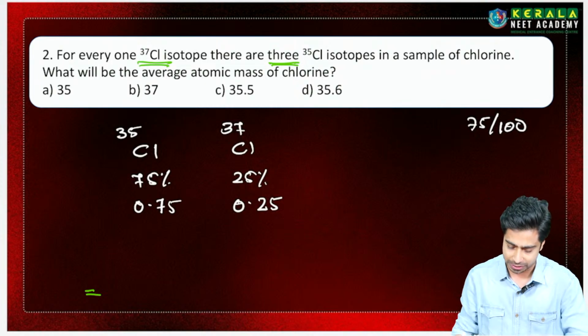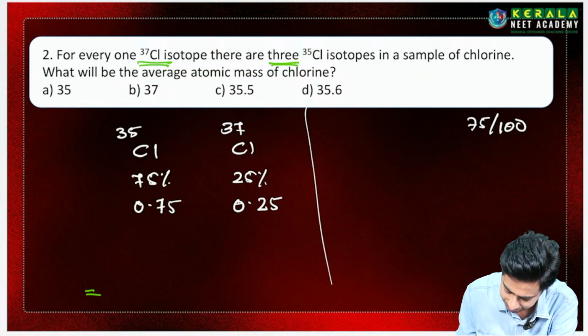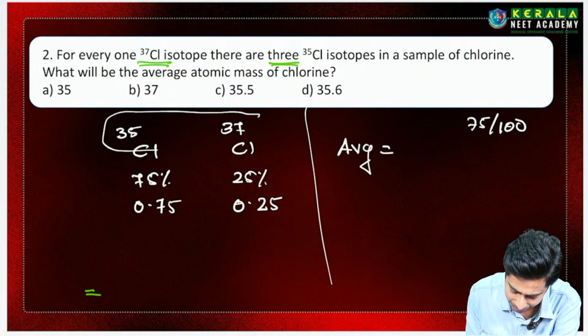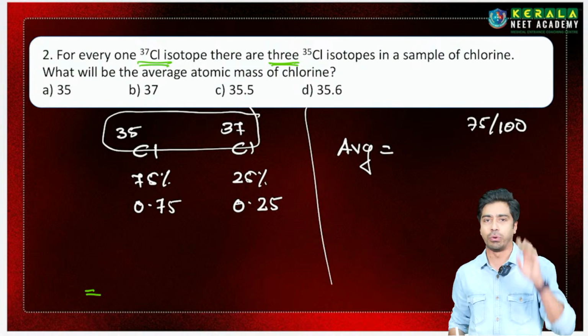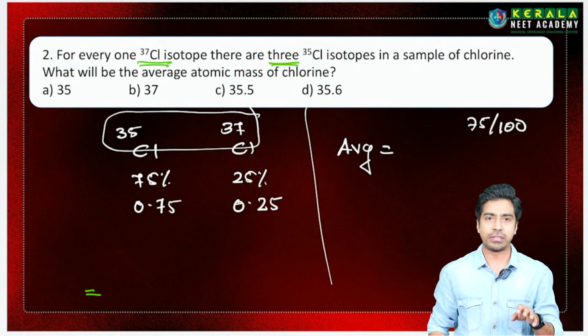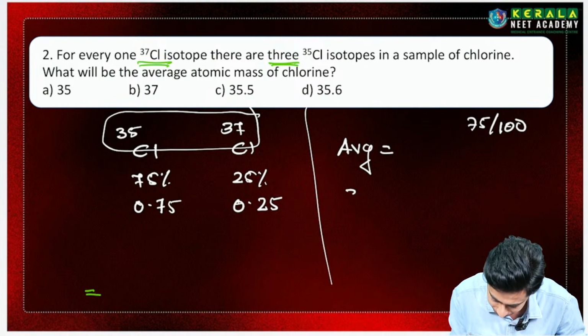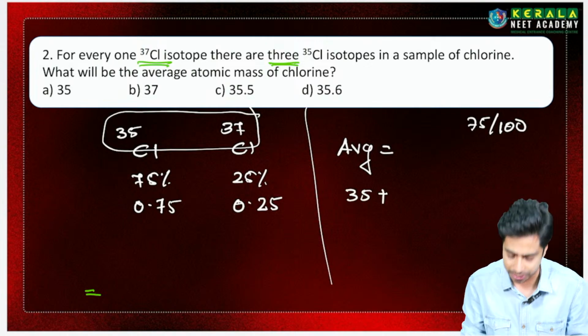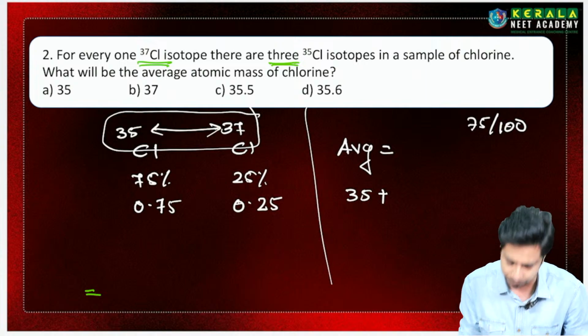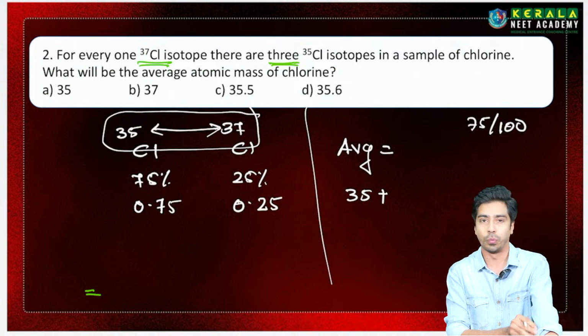Now listen here, the average atomic mass, in a single step you will get the answer. Average mass is equal to, of these two isotopes, take the minimum value, the lowest one, so 35, plus the difference. The difference between 35 and 37 is 2.